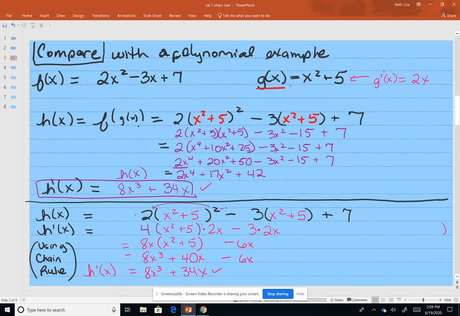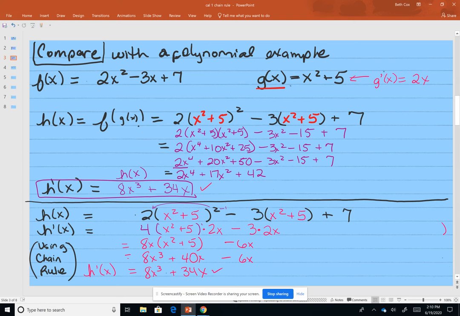So the purpose of this slide is just to compare, to let you see that the chain rule is developed through the composition of functions. Anytime you can look at a function and see that it might have been a composition of something, an inside function and an outside function, then this is what you're looking for.